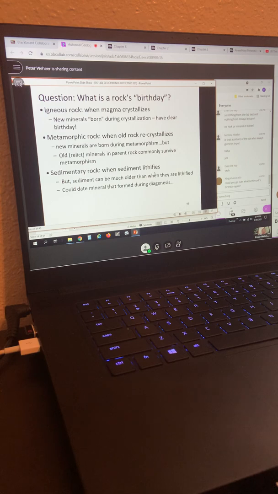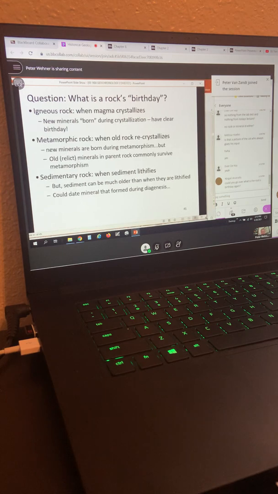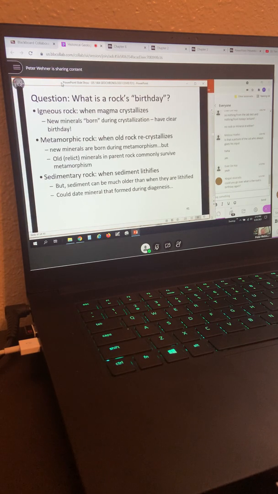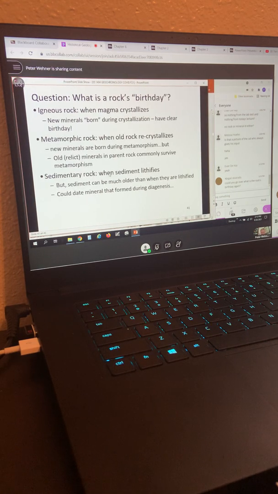And because sedimentary rocks, at least clastic sedimentary rocks, form from sediment that already existed before lithification, it's difficult, if not impossible, to radiometrically date when sediment lithified unless I can find specific crystals that only formed during lithification. And those actually are not that common, and the ones we do have usually don't have a lot of radioactive parent in them.